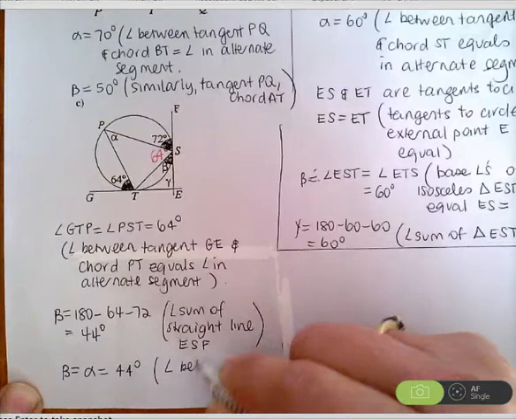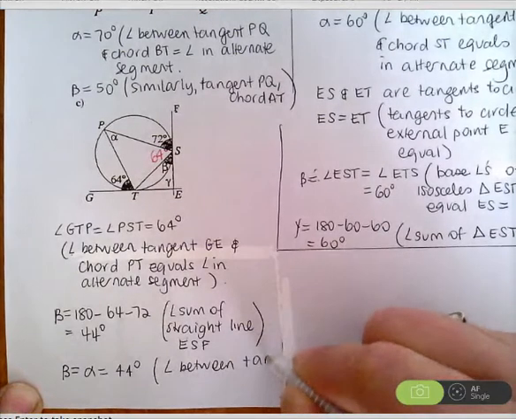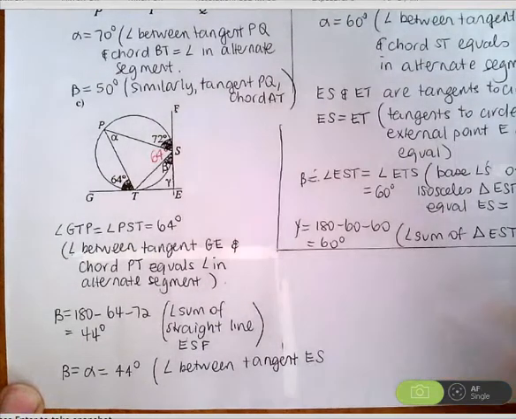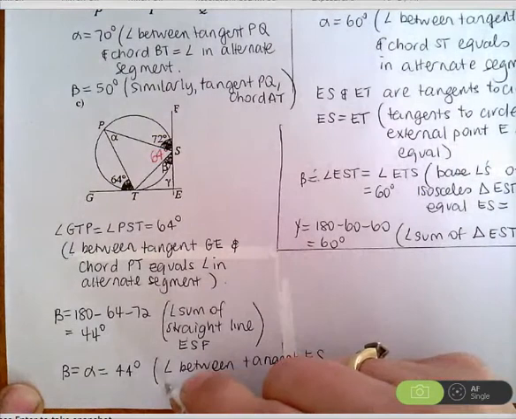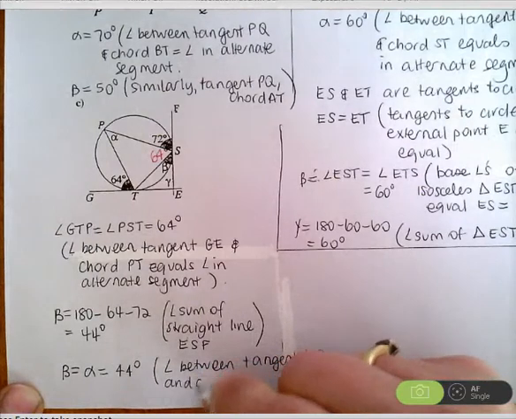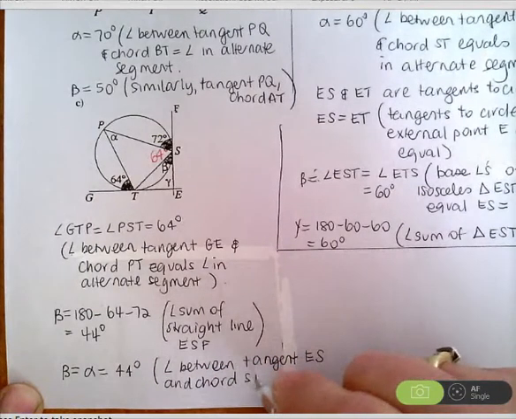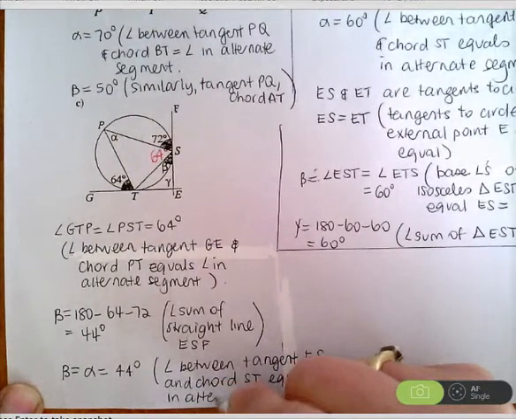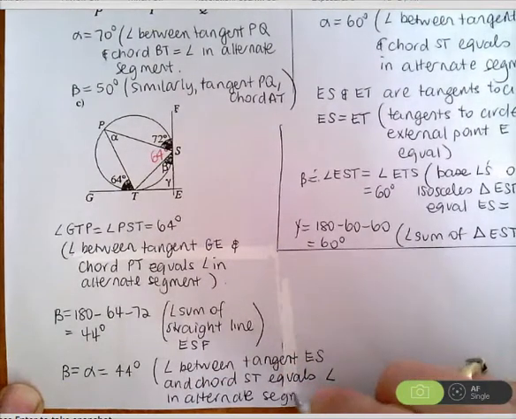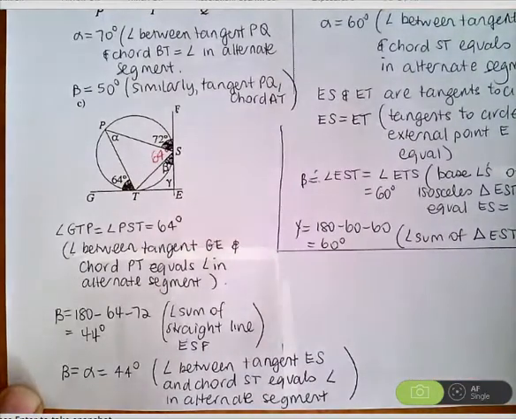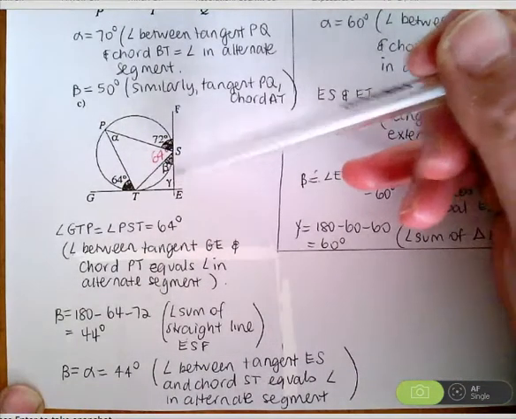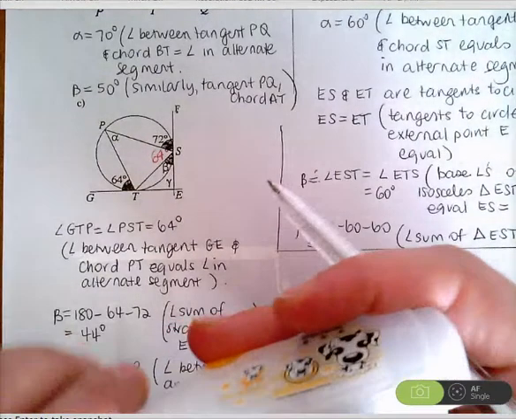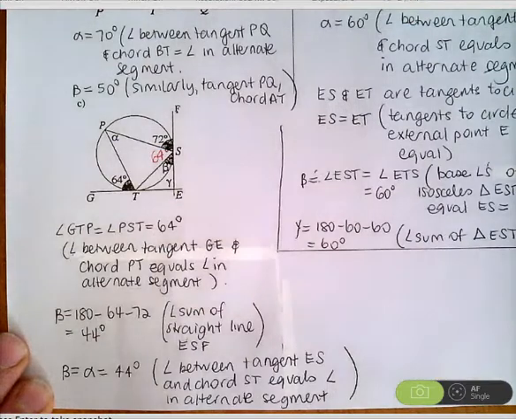Reason: the angle between the tangent, you can even go tangent ES, you don't have to say EF, angle between tangent ES and chord ST equals angle in alternate segment. So we've worked out beta and alpha. Actually, I should probably put here alpha equals beta equals 44. I don't think it matters, but okay.